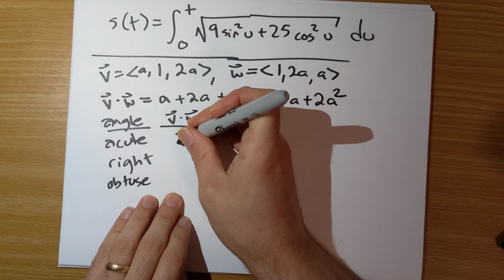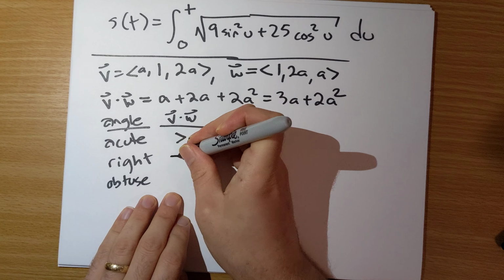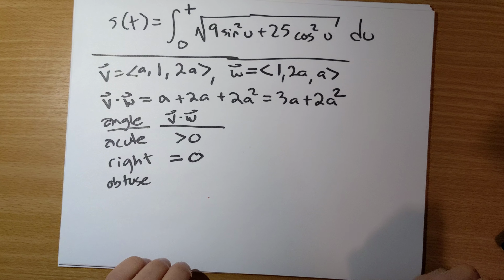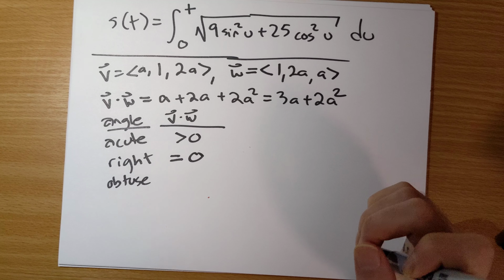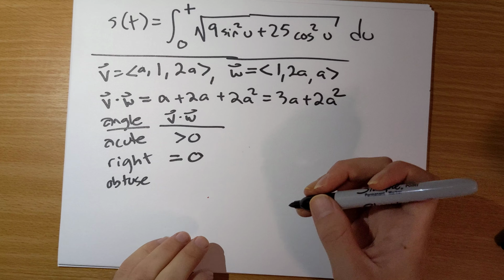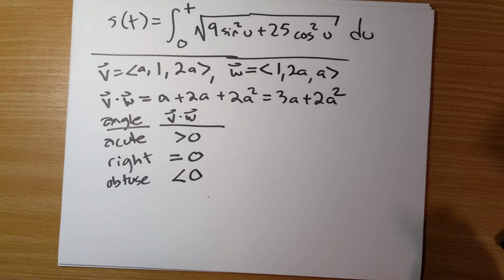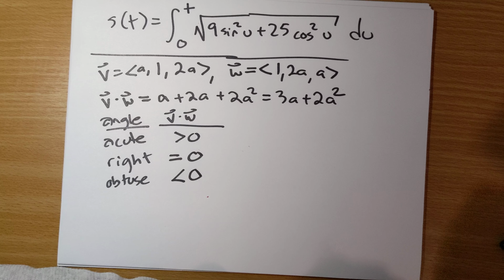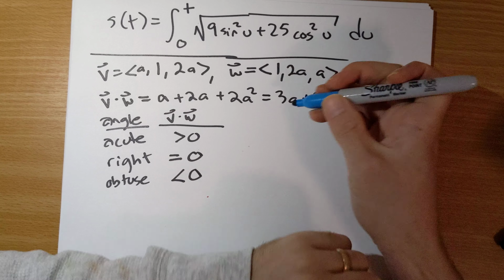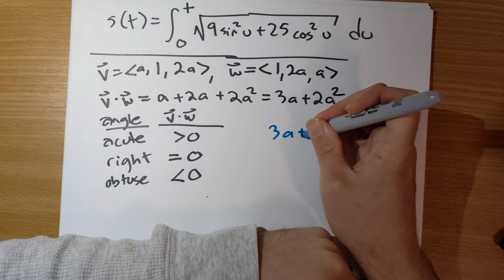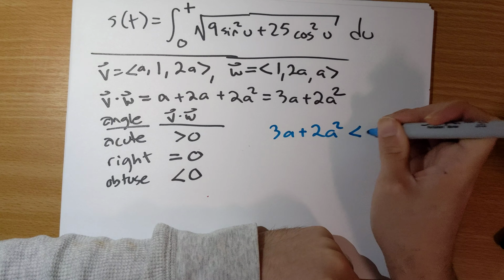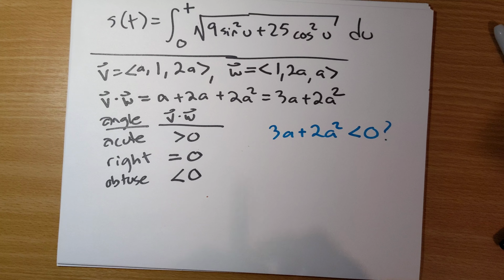Acute means the dot product is positive, orthogonal, v dot w is exactly equal to 0, and obtuse means that this is negative. So really the question is, when is 3a plus 2a squared negative?